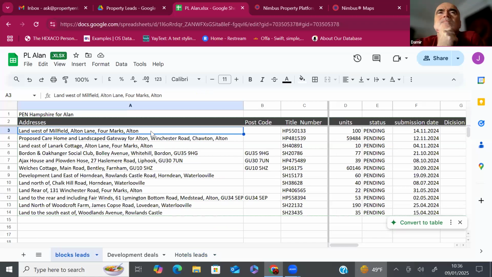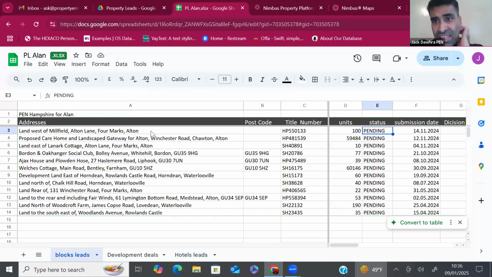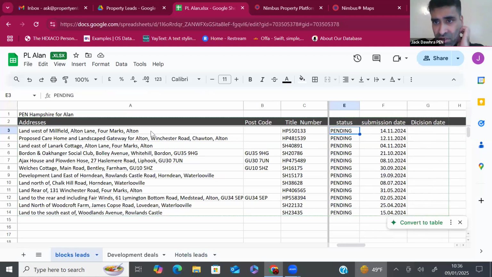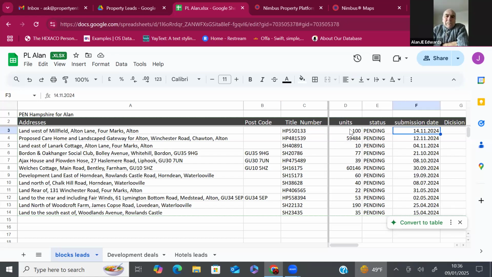It's in Alton. It says the address. It says the title number. It says how many units it is. So can you see this is 100 units? Can you see it's pending? And it says it was applied in November 24.